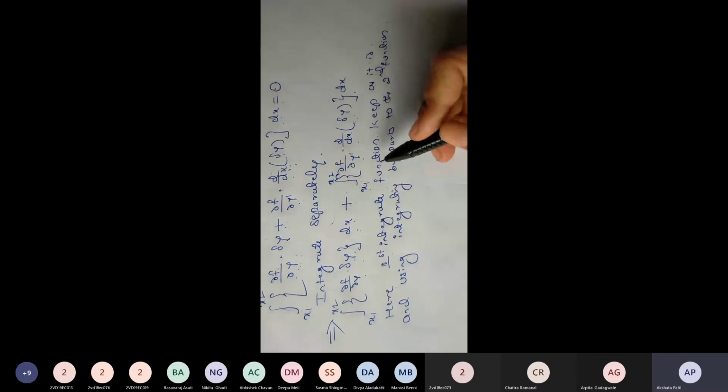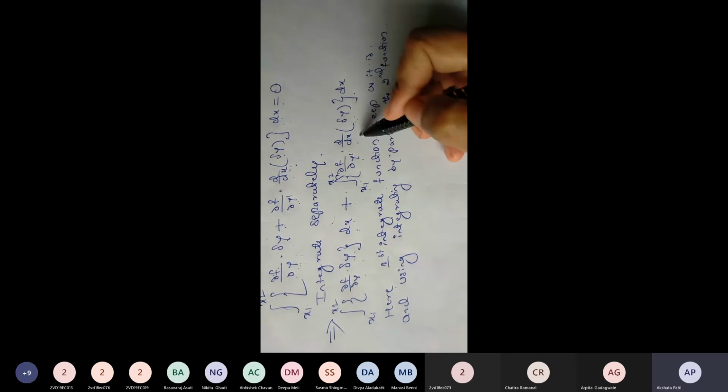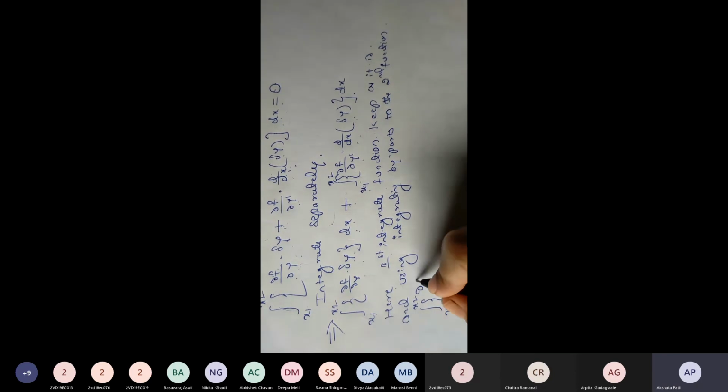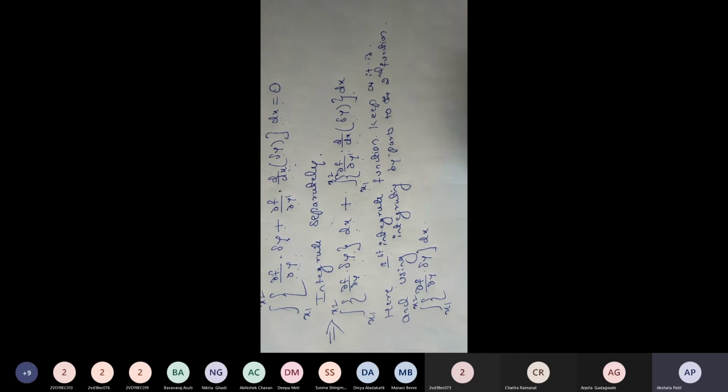Only apply integrating by parts to the second function. So here we can write integration over x1 to x2, first function keep as it is, dou f by dou y into delta y into dx. Now keep the plus sign as it is.